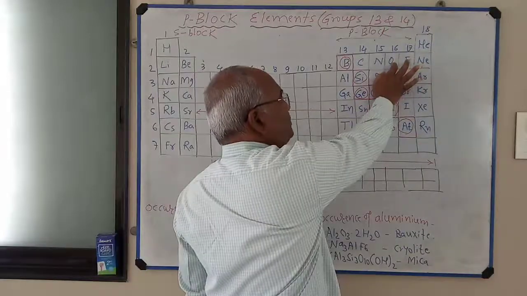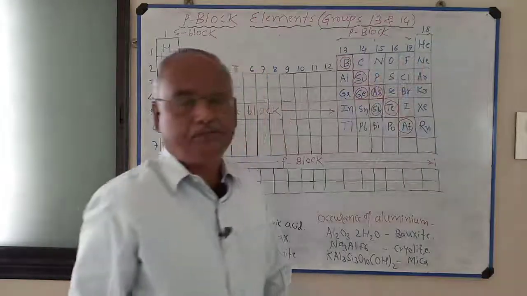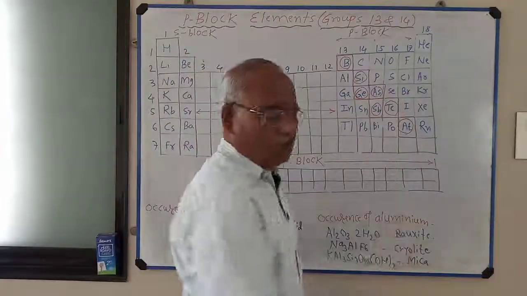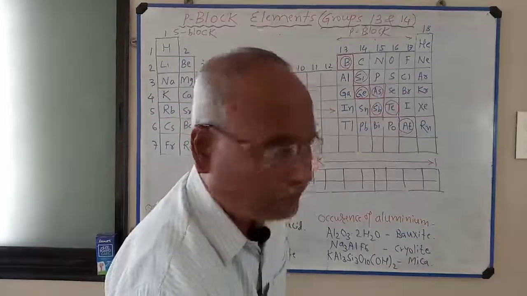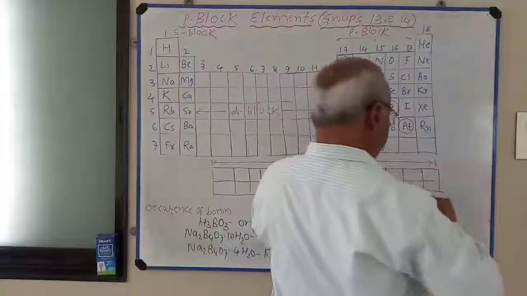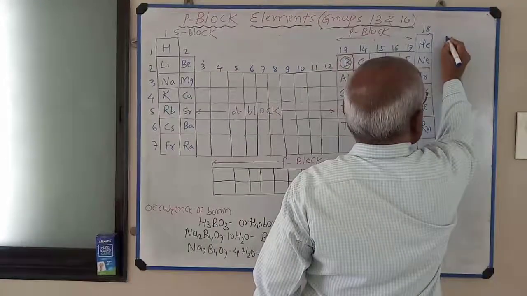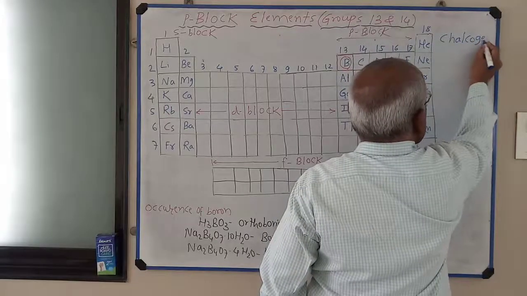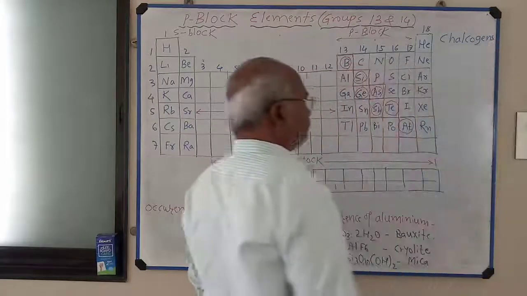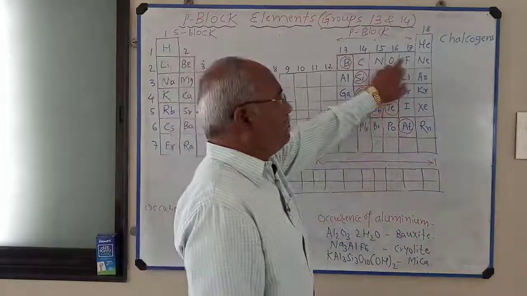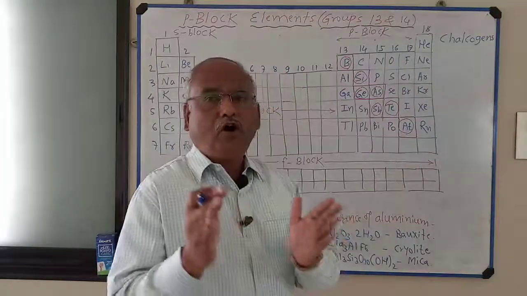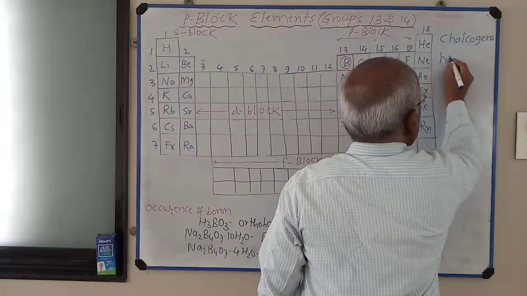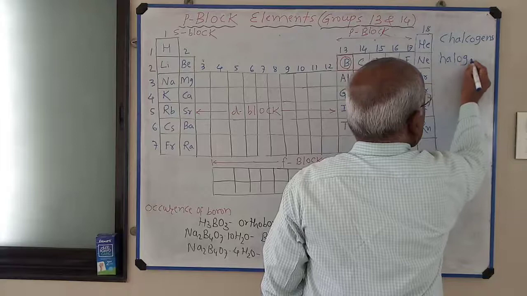Group number 16, oxygen family, which is also called chalcogens. Group number 17 is called the fluorine family or halogen family.